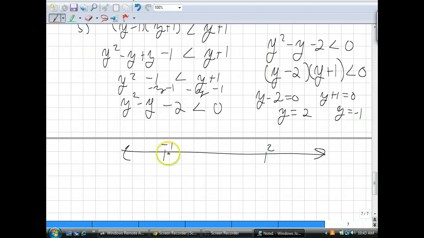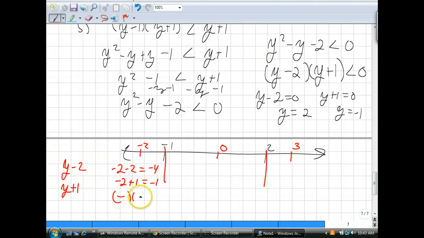So we use those to divide up the number line into intervals. And then we use our factors. I'm going to choose negative 2. 0 is always a really good one, and 3. So negative 2 minus 2 equals negative 4. Negative 2 plus 1 equals negative 1. So I have a negative times a negative, so that's going to be a positive.